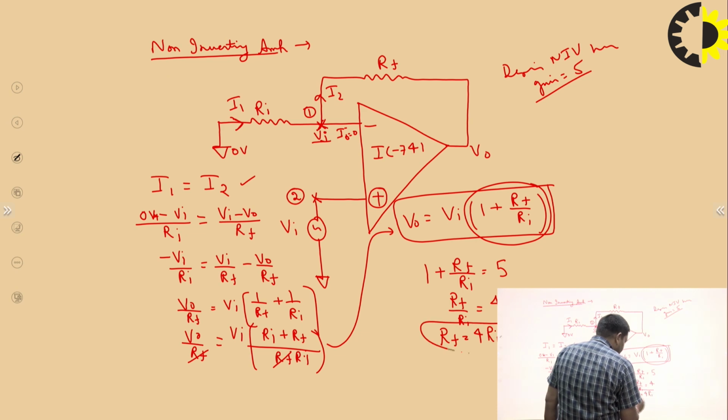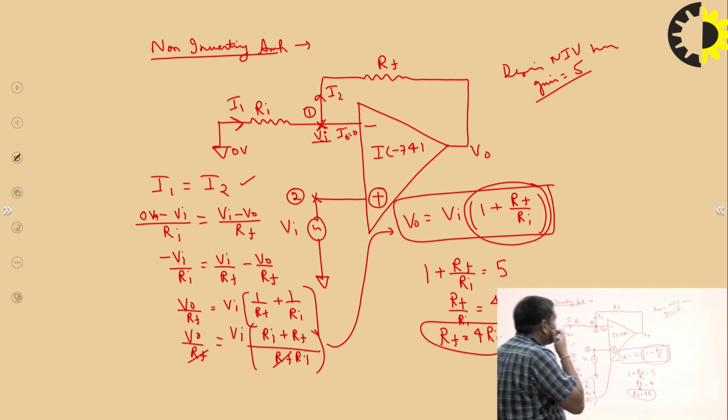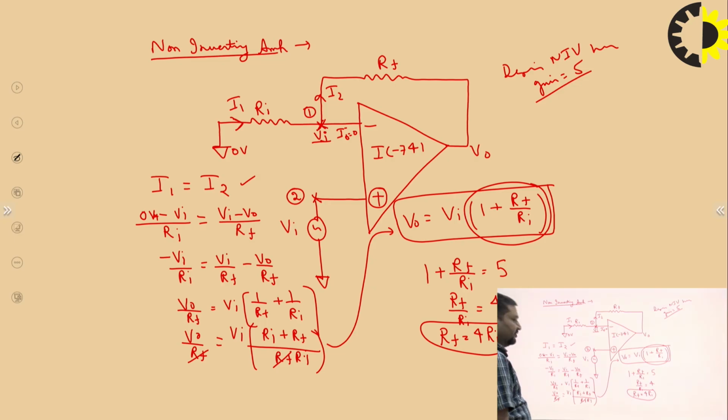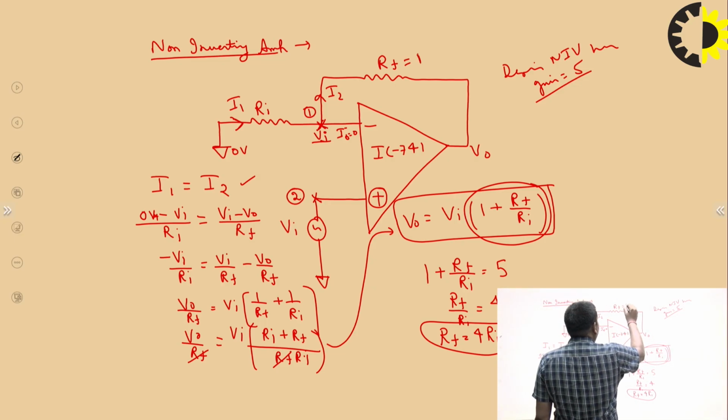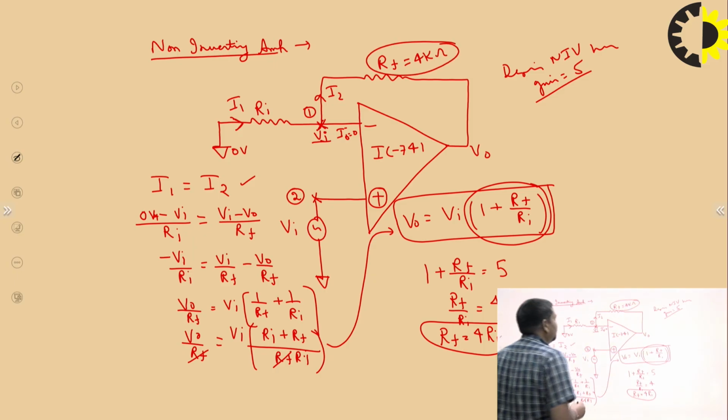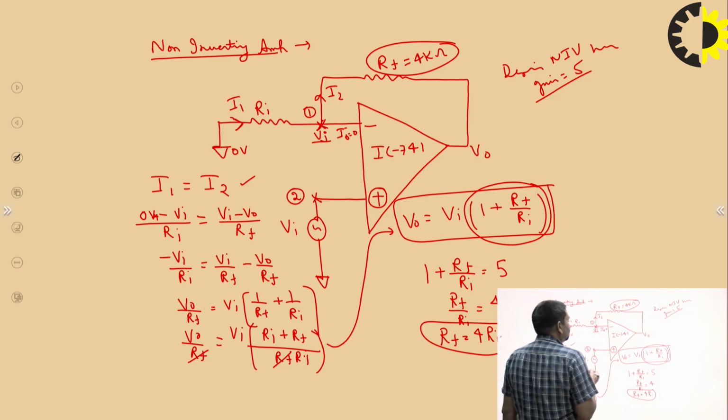If we assume the feedback resistance Rf is 4 kilo ohm, then Ri should be 1 kilo ohm.